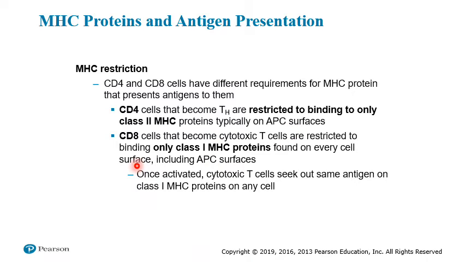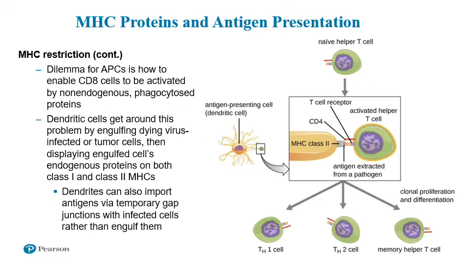The CD8 cells, on the other hand, become cytotoxic T cells and are restricted to binding only class 1 MHC proteins found on every cell surface, including the APC surface. Once activated, your cytotoxic T cells seek out the same antigen on class 1 MHC protein on any cell.